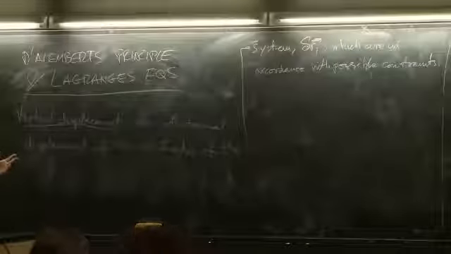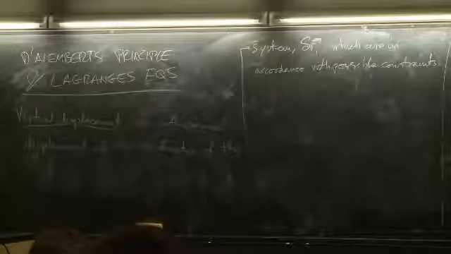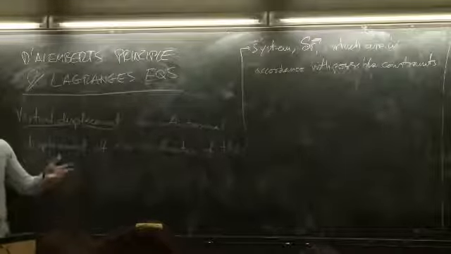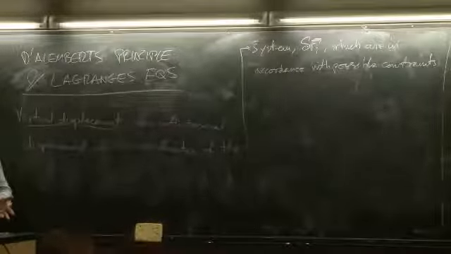A virtual displacement is defined as an infinitesimal displacement of the coordinates of the system which are in accordance with, or allowed by, any possible constraints that may be possible in the system.